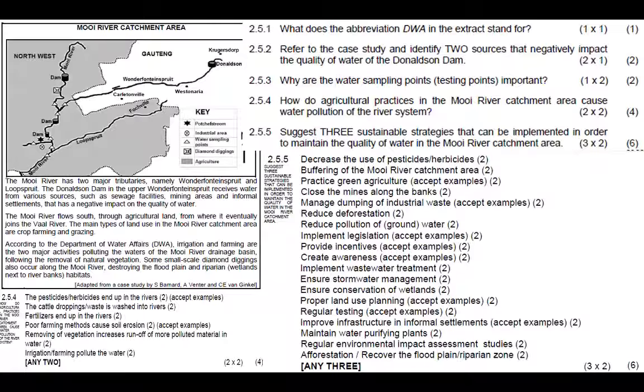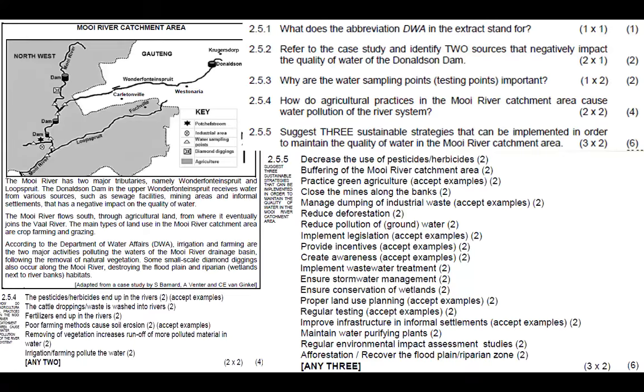is to do buffering, whereby you build boundaries to stop people from accessing the river. You can also make legislation. One of the things that you can do in order to solve problems is legislate. You can make laws. You can make rules that tell people how to behave.